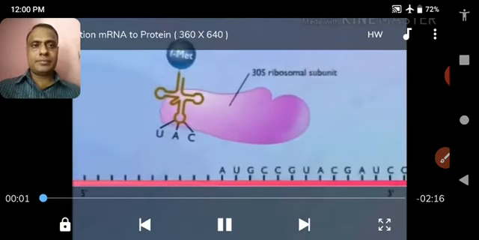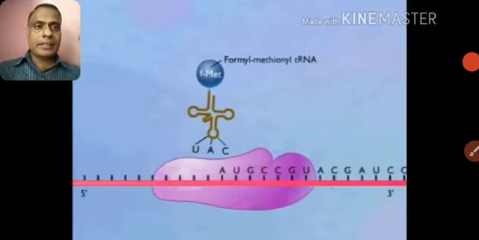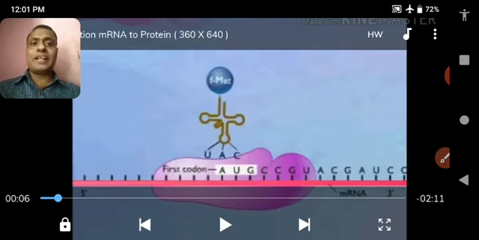The 30S ribosomal subunit, formylmethionine tRNA, and messenger RNA. It is a tRNA. Now see how tRNA is getting arranged over here. You know that AUG, a codon called AUG, is called starter or initiator. It initiates the protein synthesis.